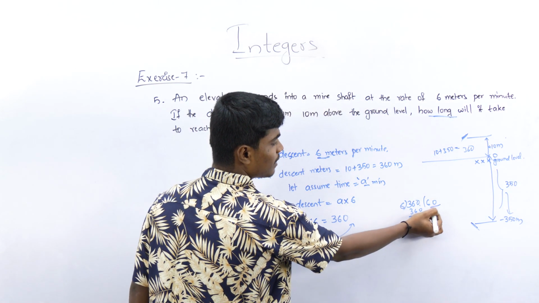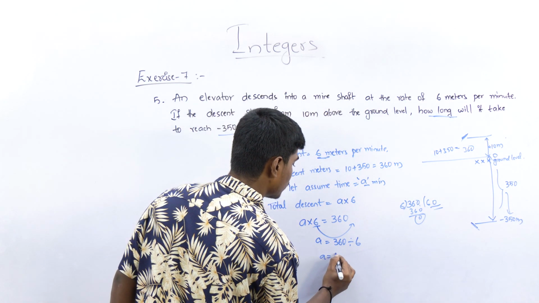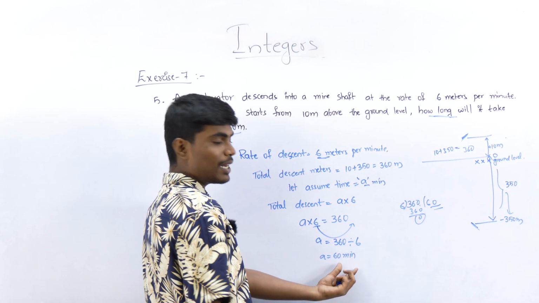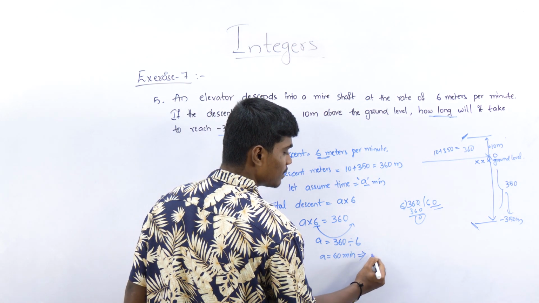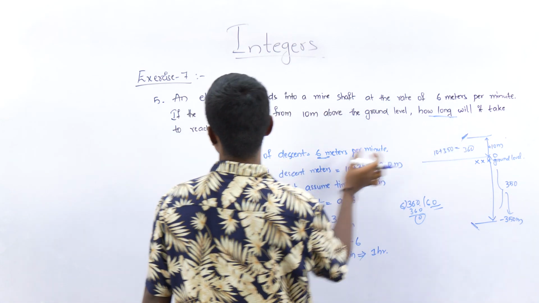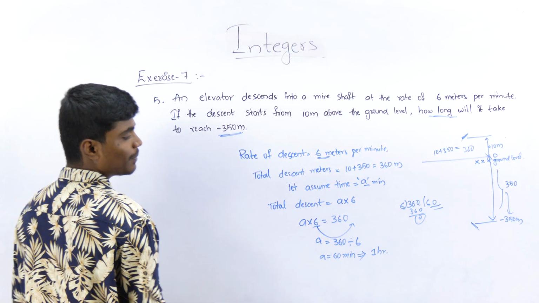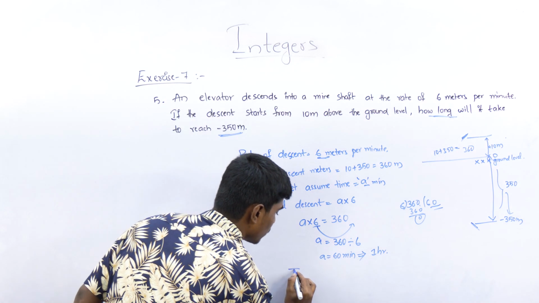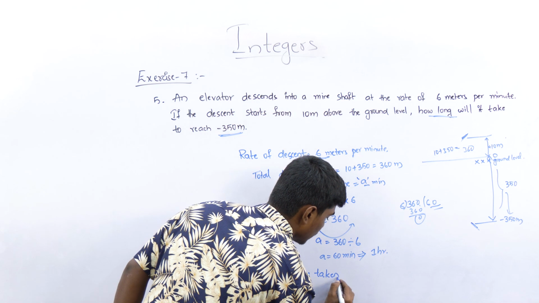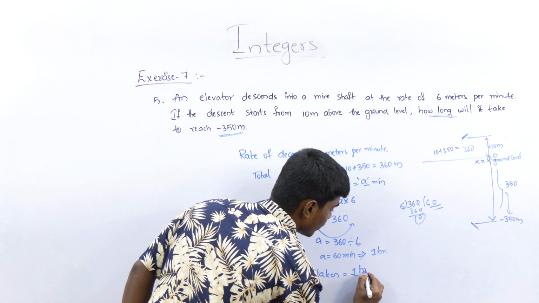So the answer is 60. So A is equals to 60 minutes. 60 minutes we can write as 1 hour. How long it will take to reach minus 350 meters means 1 hour. So time taken is equals to 1 hour.